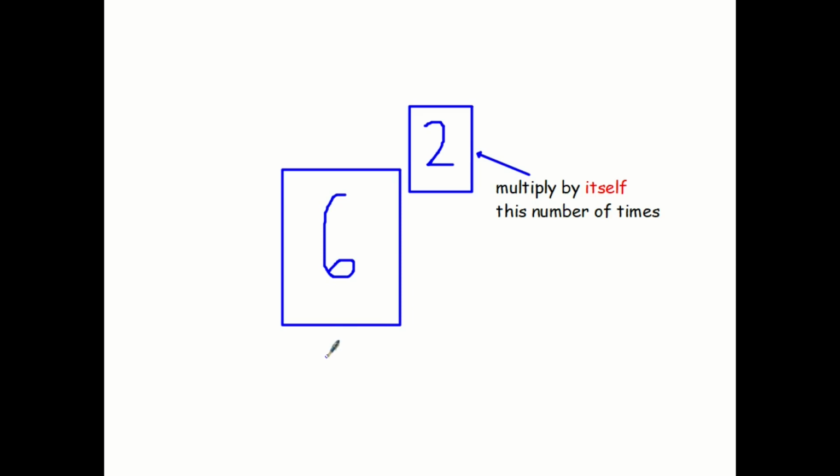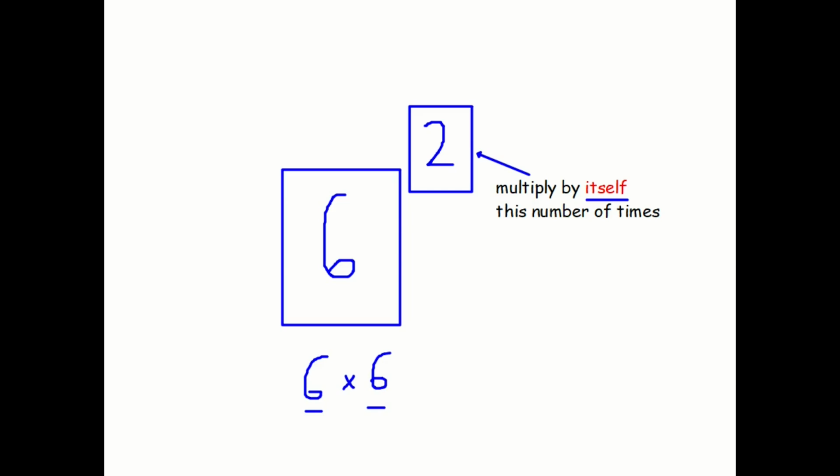So this is going to be 6 times by 6. So it's multiplied by itself twice because there's a 2 up here. Some students get this mixed up and they think it is 6 multiplied by 2. It is not multiplied by 2, it is multiplied by itself this number of times.